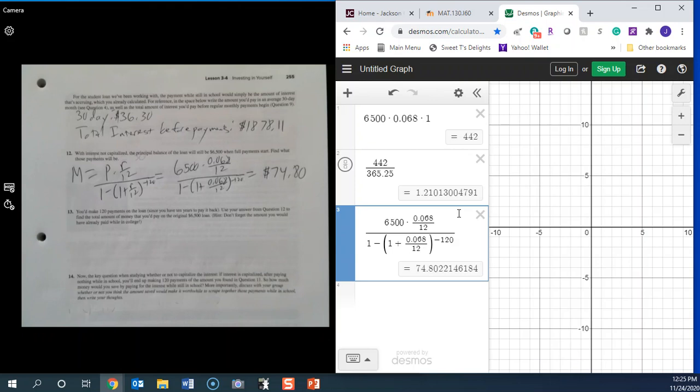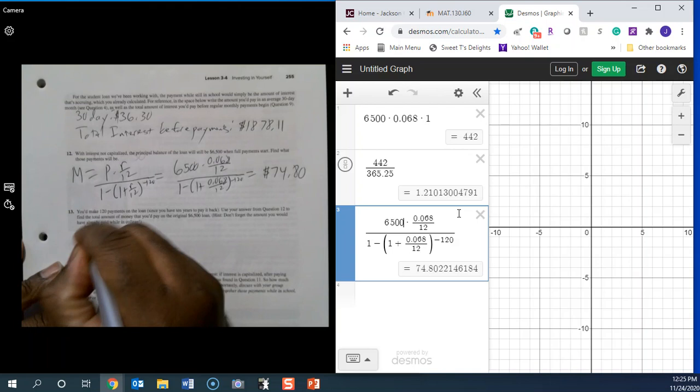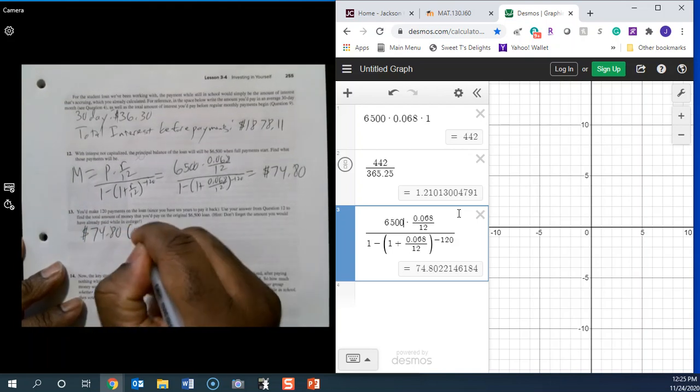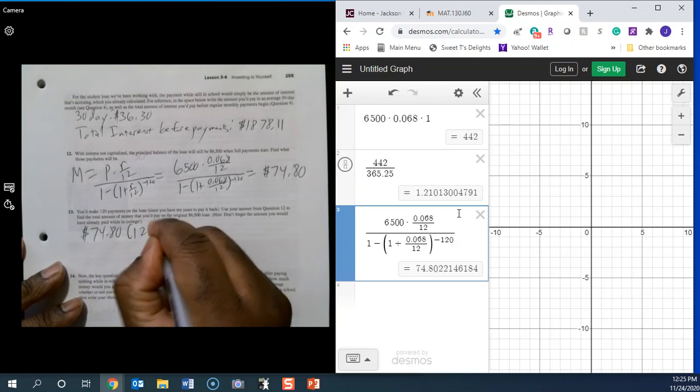Use your answer from question 12 to find the total amount of money that you pay on the original $6,500 loan. Hint, don't forget the amount you would have already paid while in college. Okay, so you have $74.80 times 120 payments.